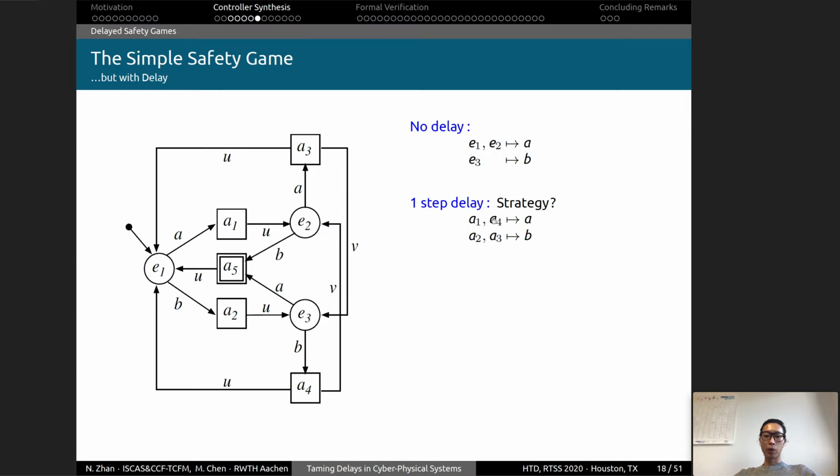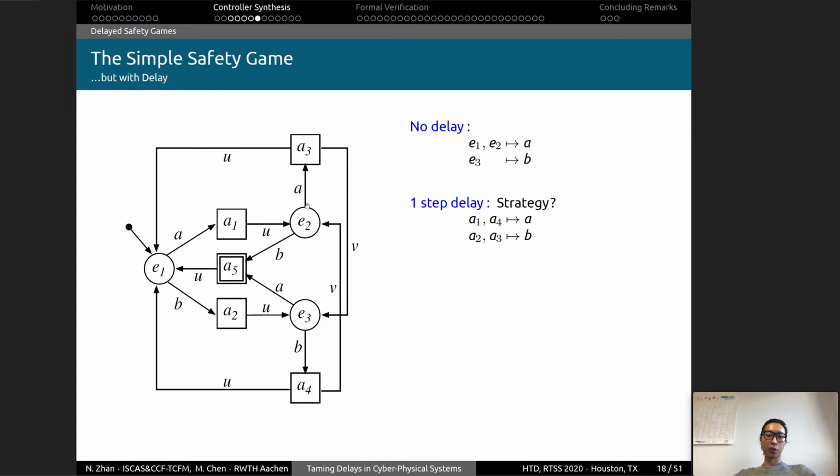So now we label the box state with the strategy of player one. The strategy for state A1 is A, which means that at state A1, player one already foresees the decision one step later, and he decided to perform an A there.